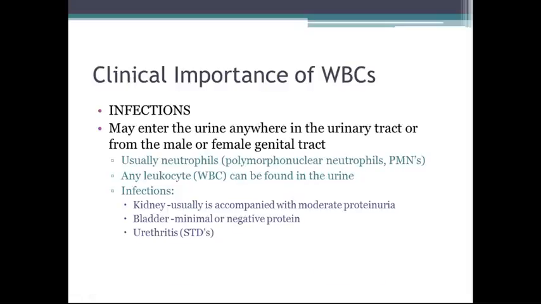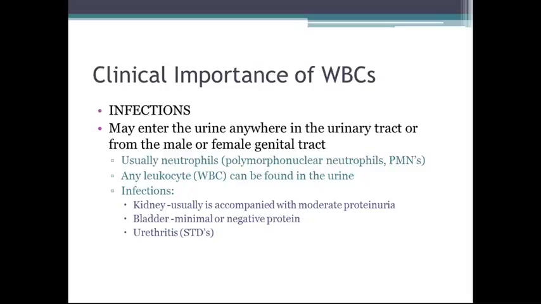Clinical importance of the white blood cells: infection may enter the urine anywhere in the urinary tract or from the male or female genital tract. Usually neutrophils, or polymorphonuclear neutrophils, are the most common white blood cell present. Any leukocyte that can be found in the urine is considered a white blood cell.